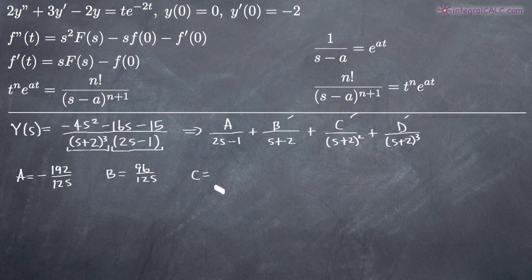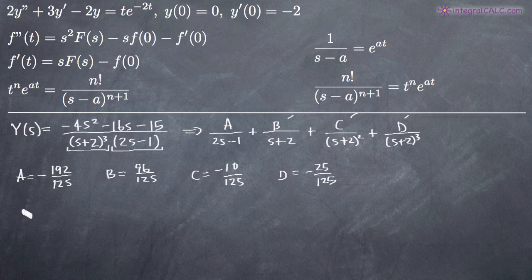C is equal to negative 2 over 25, but for the sake of putting all of these over 125, because it's going to make it easier on us, we'll get negative 10 over 125. And then here for D, we'll get negative 1/5, which we'll call negative 25 over 125. And you'll see in a second why it's easier to have them all over 125.